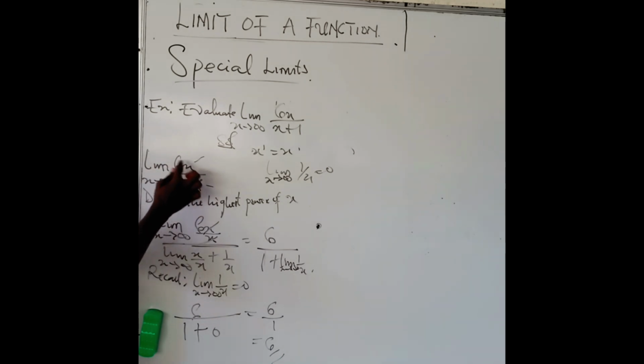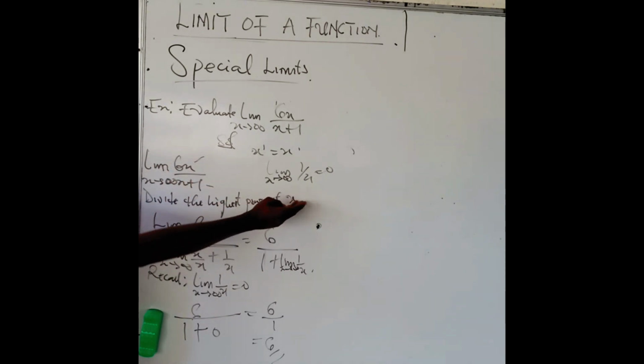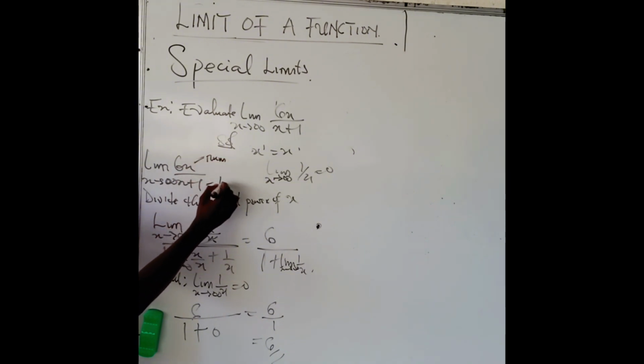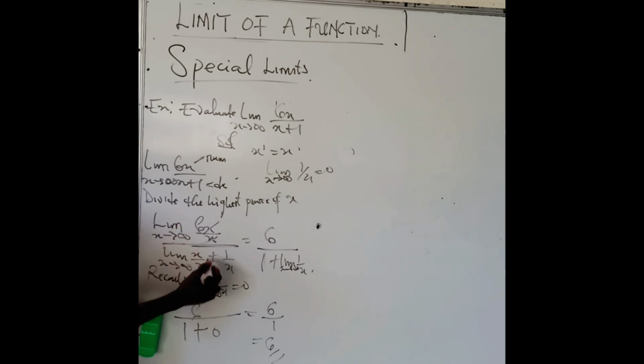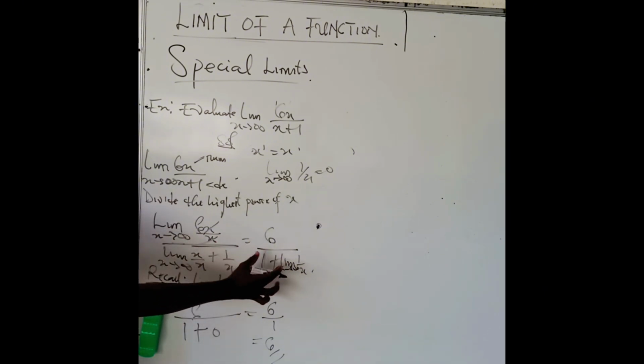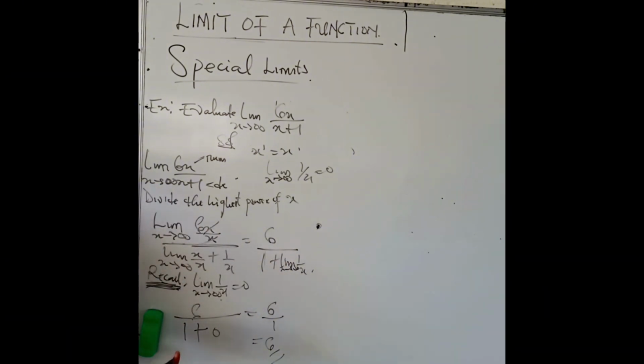So you divide the whole equation by the highest power of s in both numerator and denominator, 6s over s and s over s plus 1 over s. Mind you, you must recall that limit of 1 over s as s approaches infinity is equal to 0. So the answer is going to be 6.